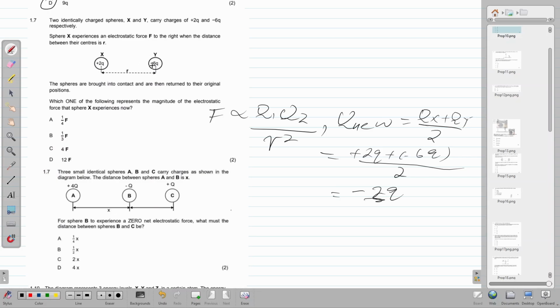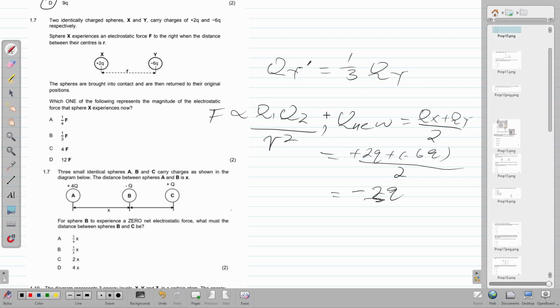And what about the magnitude on sphere Y? It has changed. The magnitude was 6q, and now the new charge is 2q. So the new charge on Y is a third of the original charge.